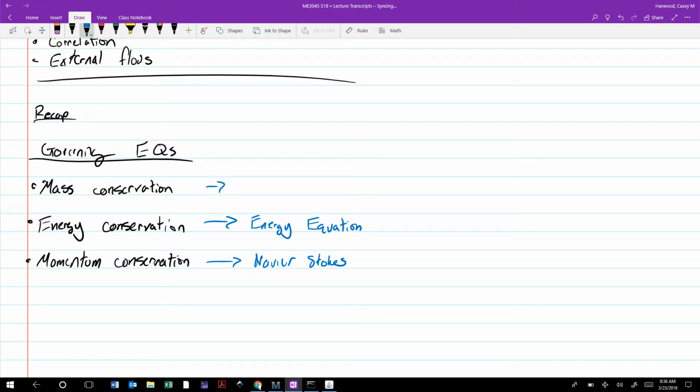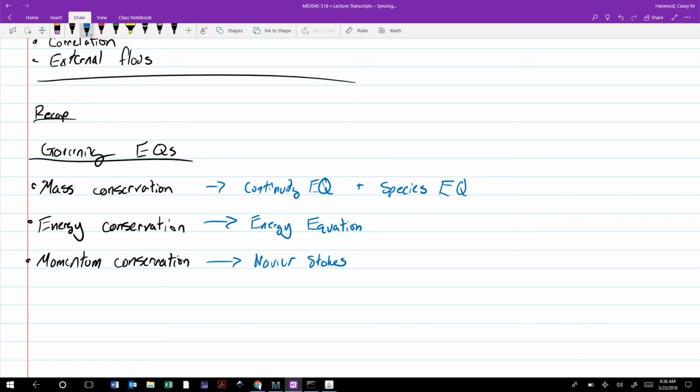And mass conservation gives us two different equations. One is the familiar continuity equation, but it also gives us an equation called the species equation, which is conservation of mass when you have more than one type of material present, like mixing of two species of a solution in a liquid.